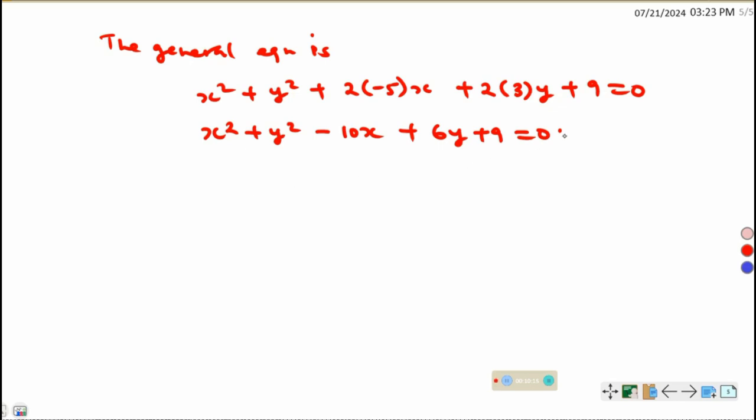So this is the equation of the circle which passes through the 3 points.